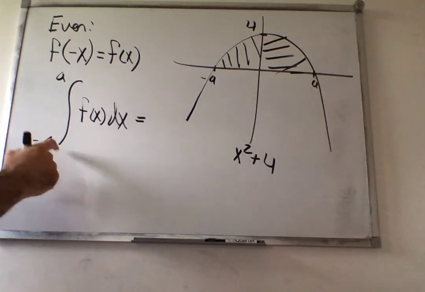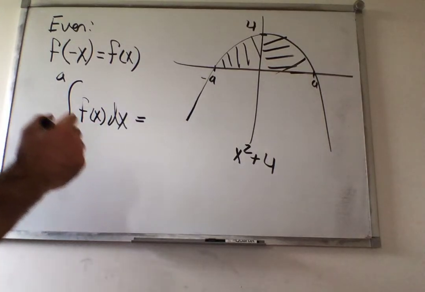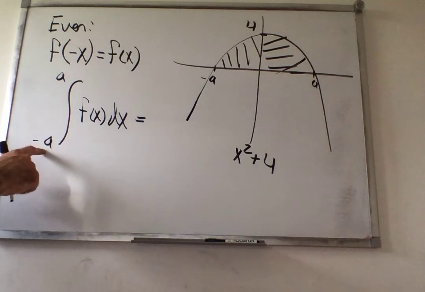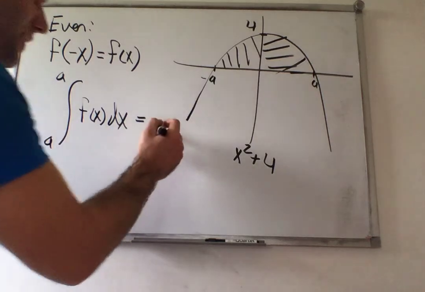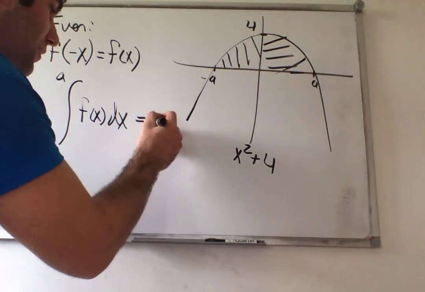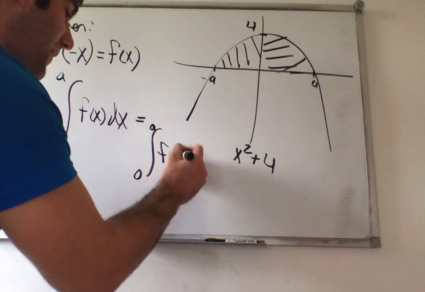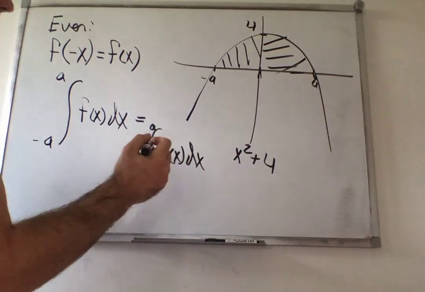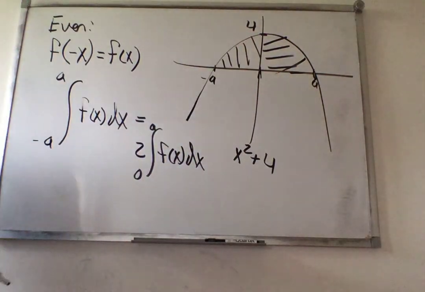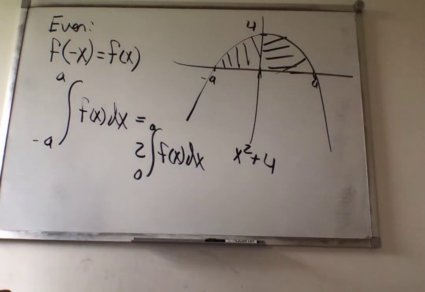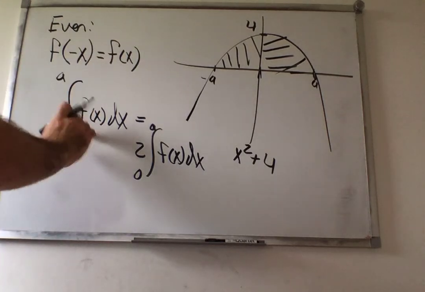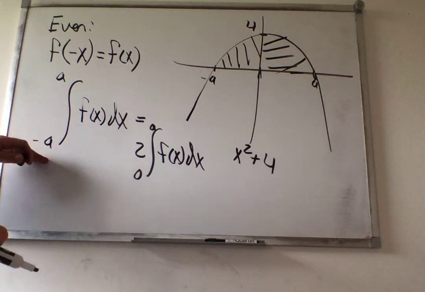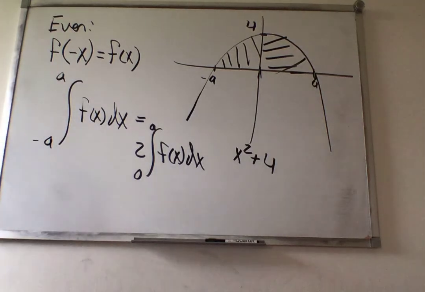So a different way of computing this integral for even functions, going from negative a to a, is the integral from 0 to a of f of x dx. Since there's two of them, we put a 2 out front. We can always rewrite the integral of an even function as long as we're going from a negative lower bound to a positive, the same upper bound.